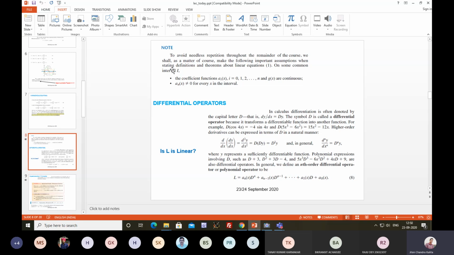This I have already told you. To avoid needless repetition throughout the remainder of the course, we are going to make the following important assumptions on some common interval I. If nothing is stated, we always assume that all the coefficient functions are continuous in the prescribed interval, and of course that the very first coefficient, the coefficient of the nth order derivative, is not equal to 0.